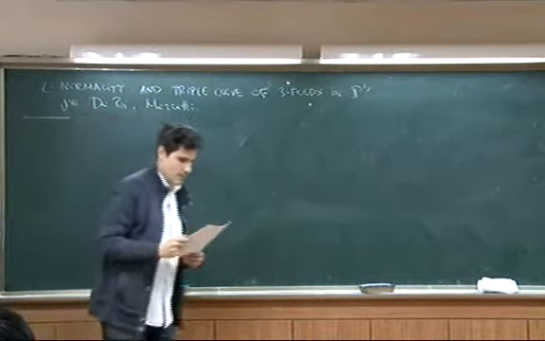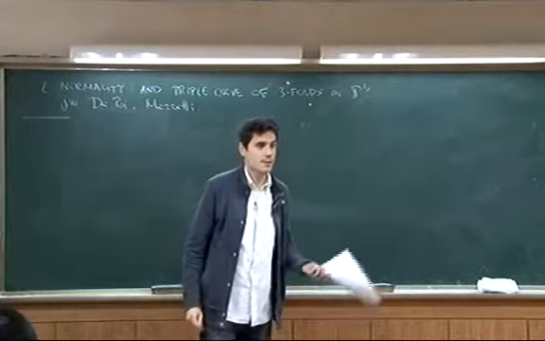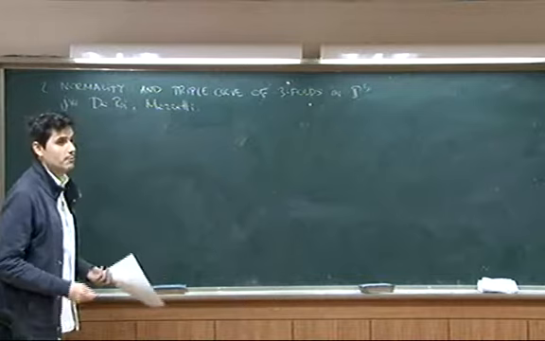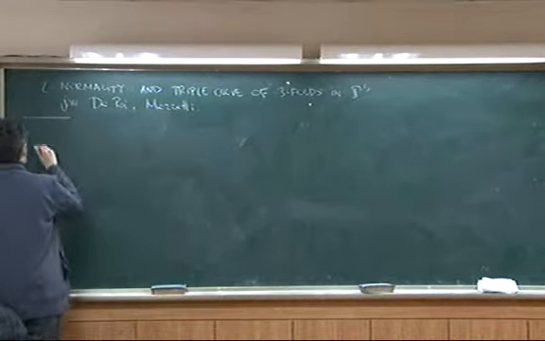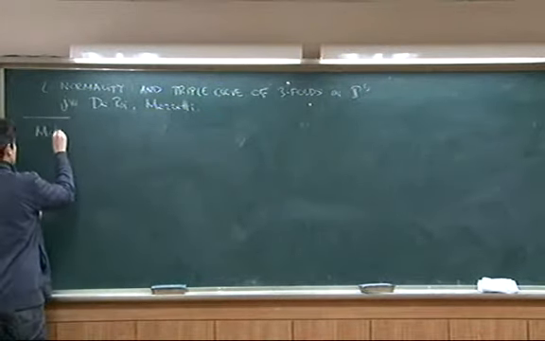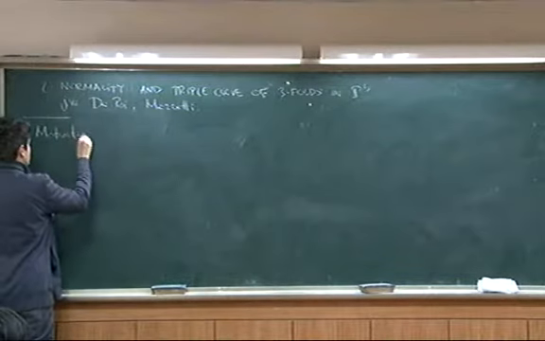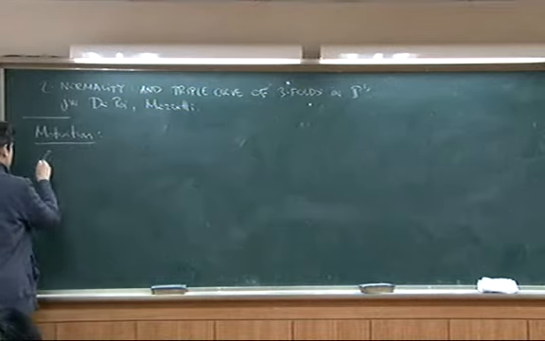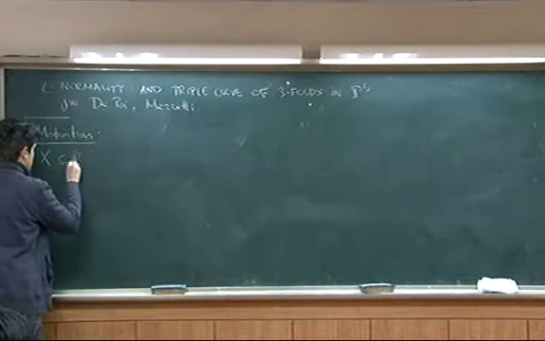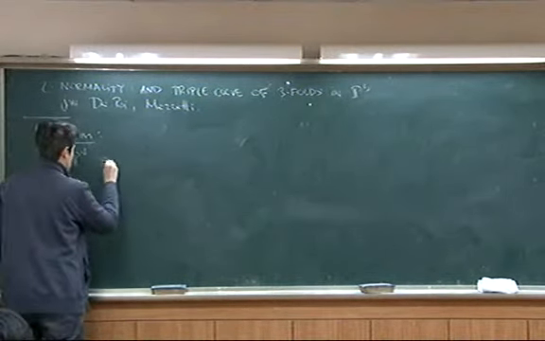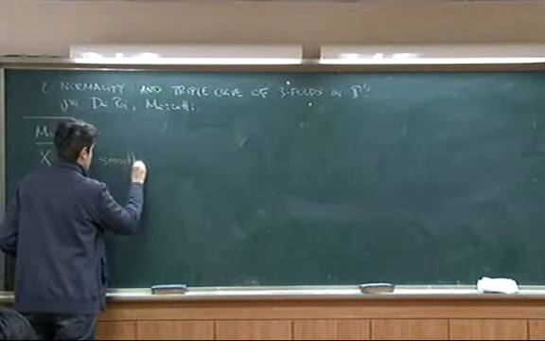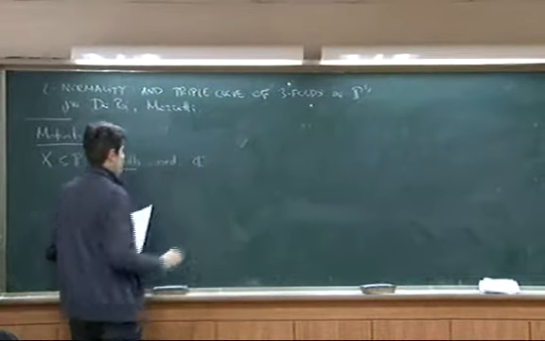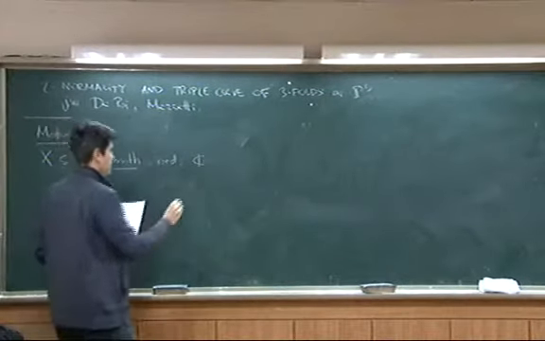So let me start by explaining why I'm interested in this particular problem of the triple curve of a threefold in P5. Let me give some motivation. In this talk, X in Pn will be a smooth, irreducible, complex manifold of dimension n.